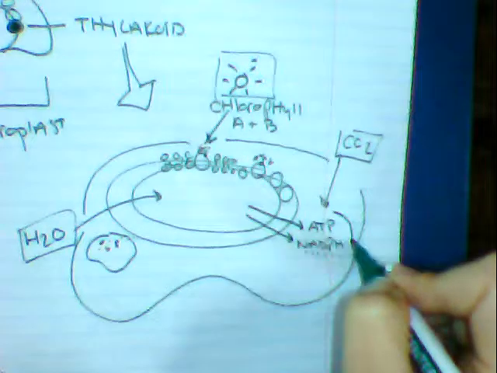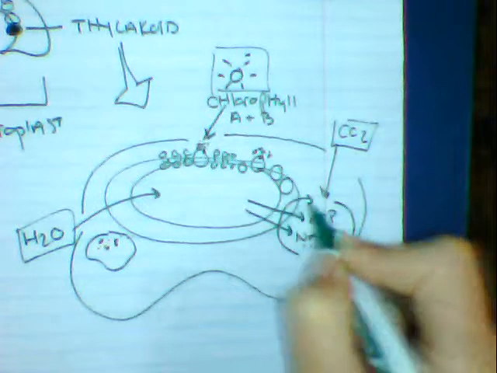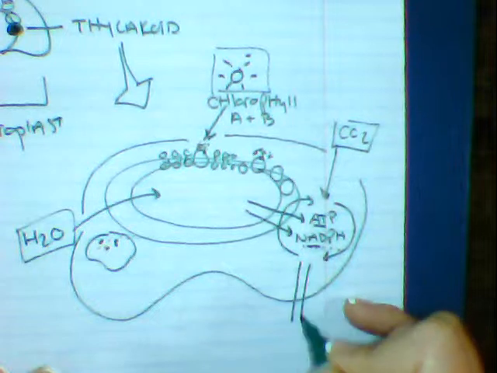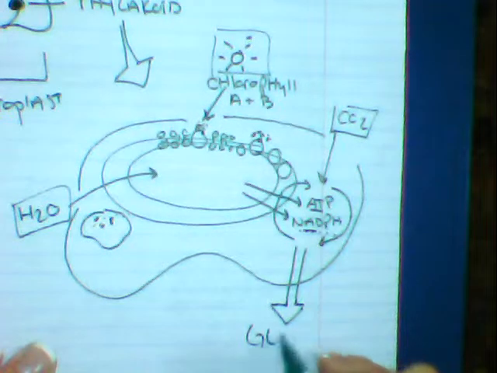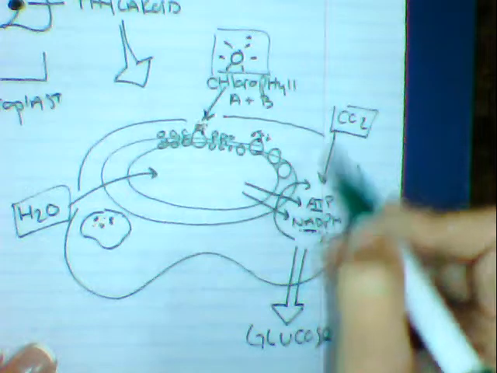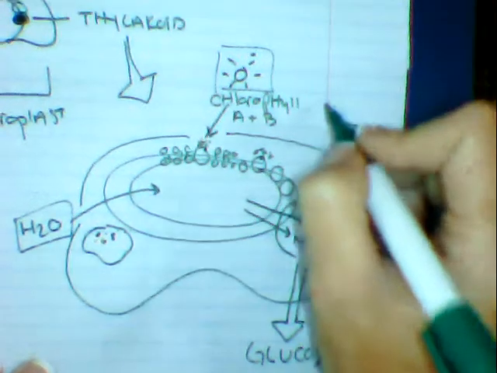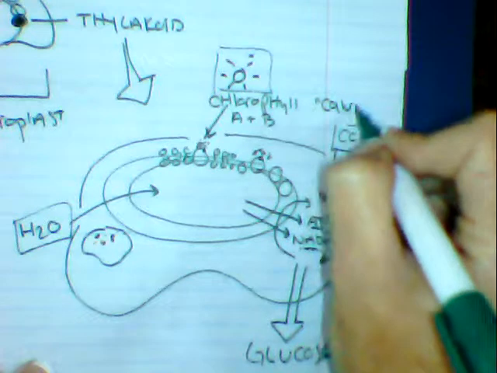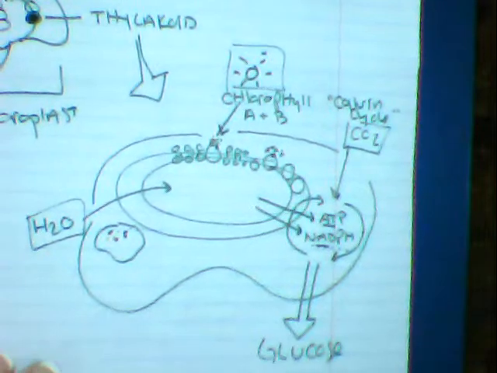And the CO2 is going to rip apart the ATP and the NADPH, and it will actually produce out of it this large molecule that's known as glucose. This process of the CO2 and the ATP and NADPH is what's known as the Calvin cycle. And we'll get into that a little bit more specifically next time.